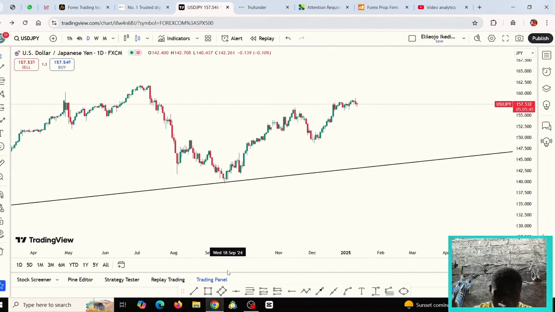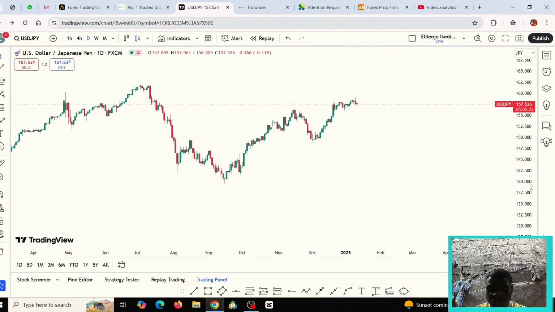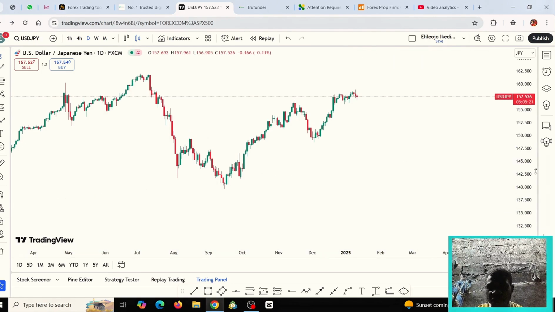Now, for this particular case on the daily time frame, this trend line is no longer significant. I want you to pay attention here. This trend line that we drew on the monthly time frame is no longer significant. Now we have to take out this trend line that we drew on the monthly time frame, and then we have to draw another trend line on the weekly time frame.